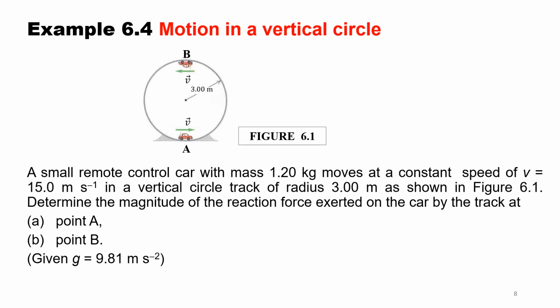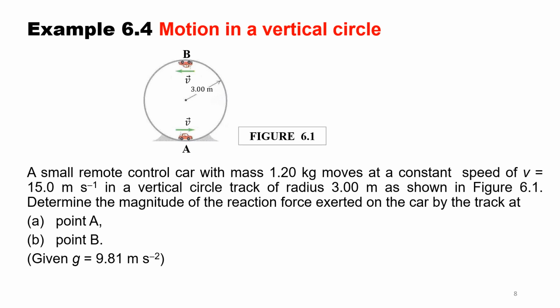Example 6.4. The objective is to solve problems related to centripetal force for vertical circular motion. A small remote control car with mass 1.2 kg moves at a constant speed of v is equal to 15 meter per second in a vertical circle track of radius 3 meter as shown in figure 6.1.